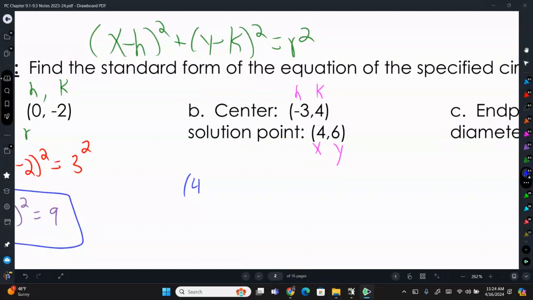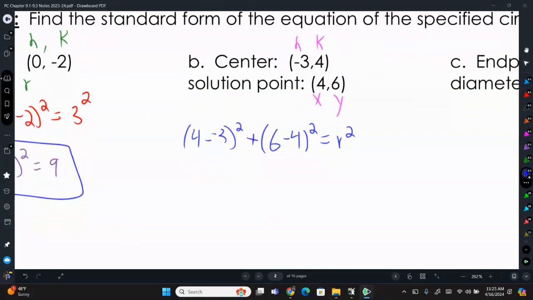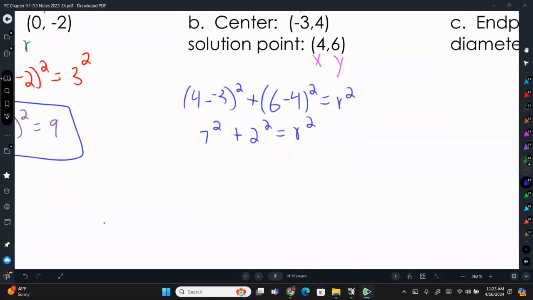So it's going to be 4 minus -3 squared plus 6 minus 4 squared equals r squared. 4 minus -3 is 7, so we have 7 squared plus 6 minus 4 is 2 squared equals r squared. 7 squared is 49 plus 4 is equal to r squared. So 53 is equal to r squared.